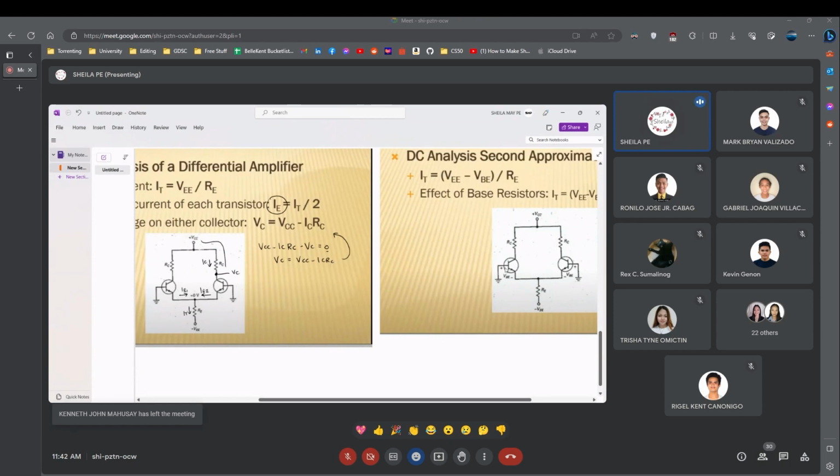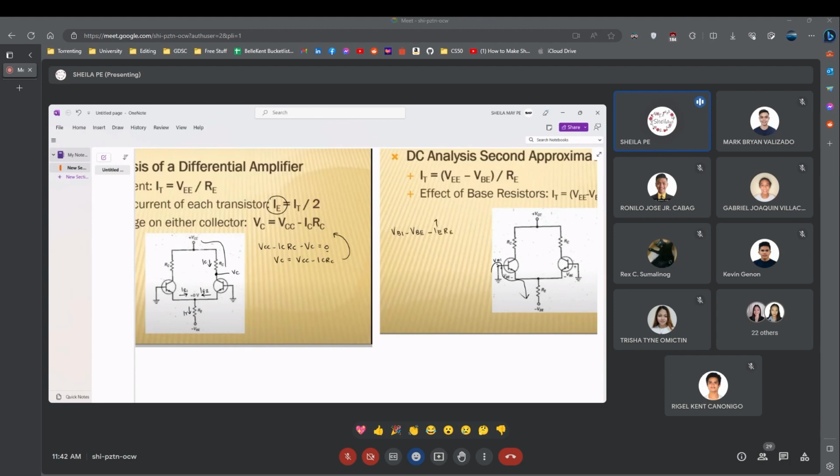Moagi ta diri. So this is VB1 here. VB1 man diri, di ba? But in solving that, that's VB1 minus VBE minus IE RE.